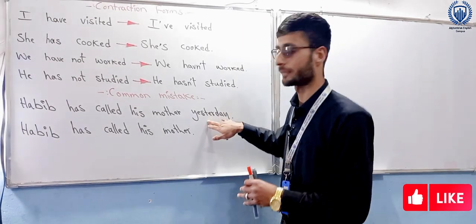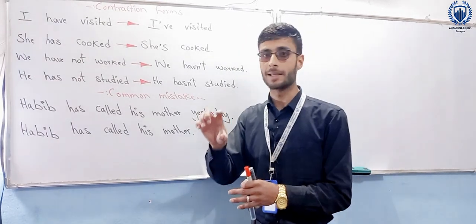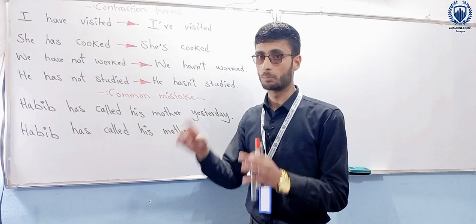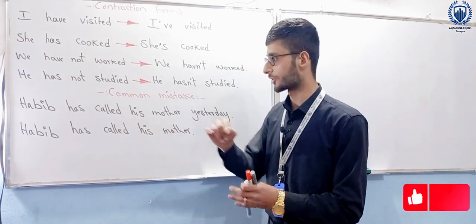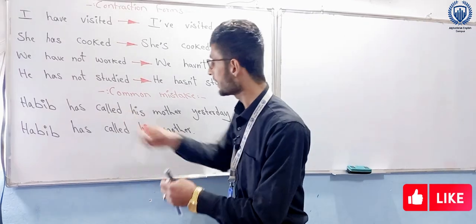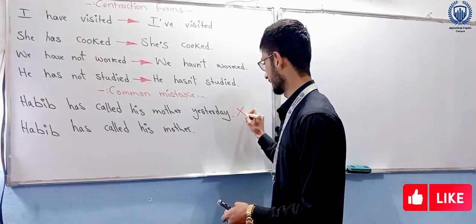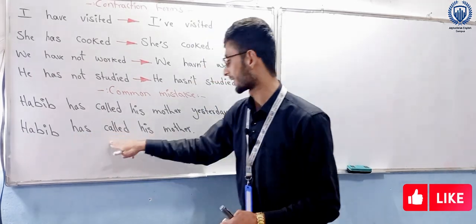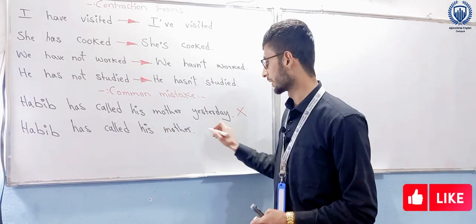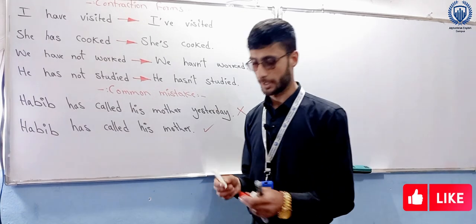But here we have yesterday, which is a specific time. Mostly we use a specific time in past tense, not in present perfect tense. Just be careful about it. Habib has called his mother yesterday is an incorrect sentence. But the correct one is: Habib has called his mother. Now this sentence is correct.